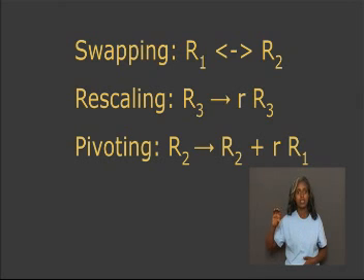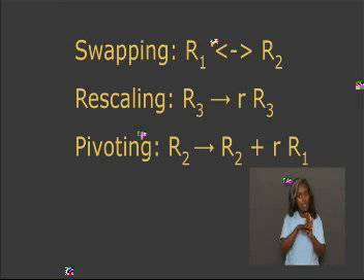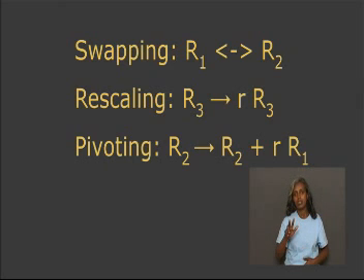Rescaling a third row by a non-zero number, small r, will be denoted by R3 becomes small r times R3.